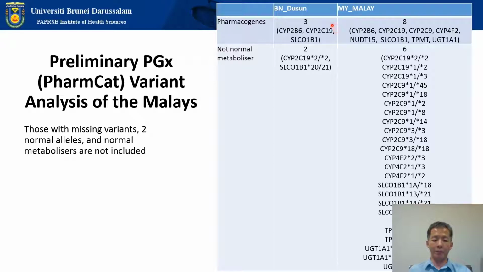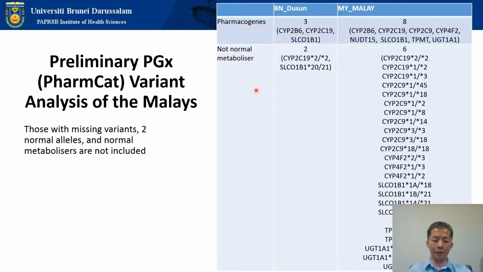The total number of pharmacogenes in the Brunei Malays that have known pharmacogenomics implications is 3, whereas there are 8 of them found in the Malaysian data.